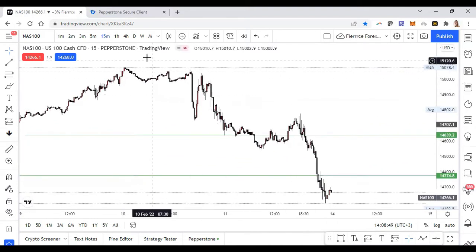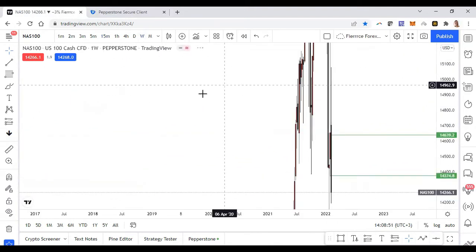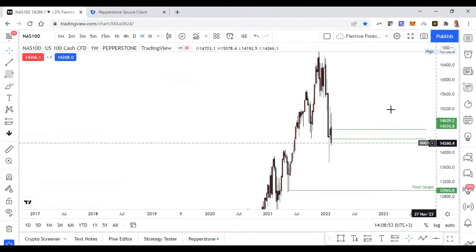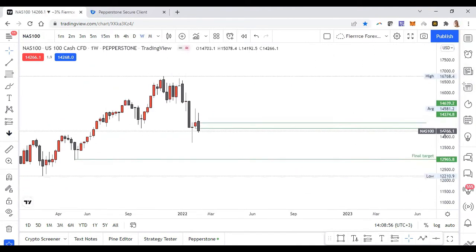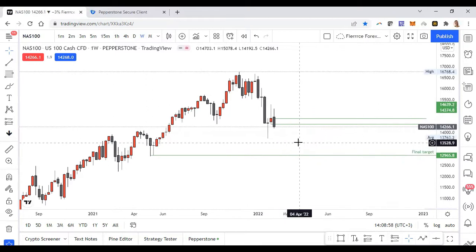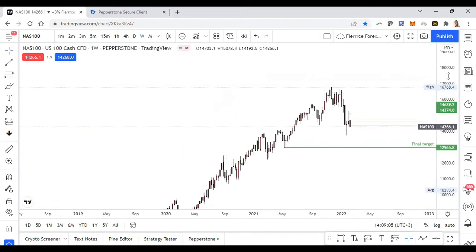So this week, let's just look at it from a weekly perspective. When I look at NASDAQ, all these indices tend to look the same. If I look at NAS and Dow Jones, they tend to have the same thing going on.